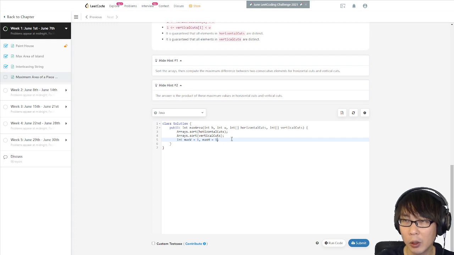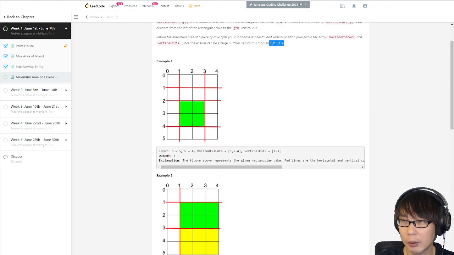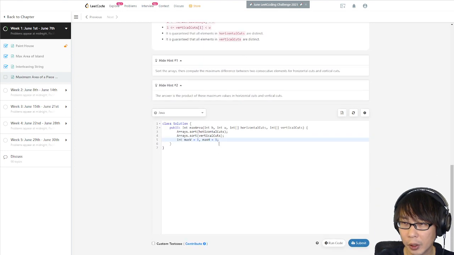And then we also need to define this, right? So we can have mod equals to 10^9 plus 7.